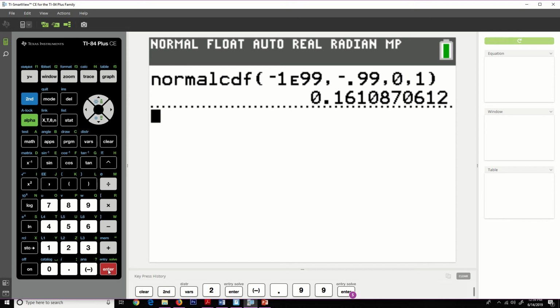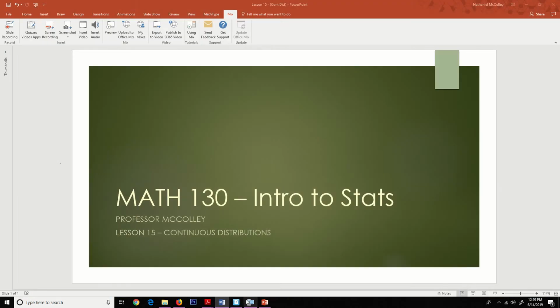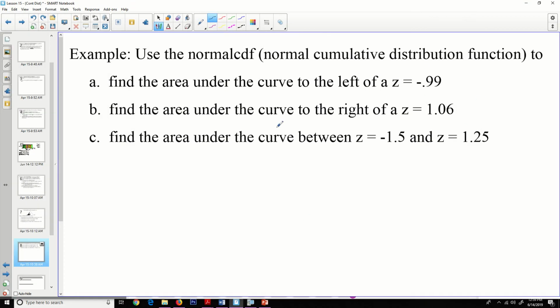Now this is the probability or the area under the curve if you want to go from -infinity to -0.99, and it is 0.161.